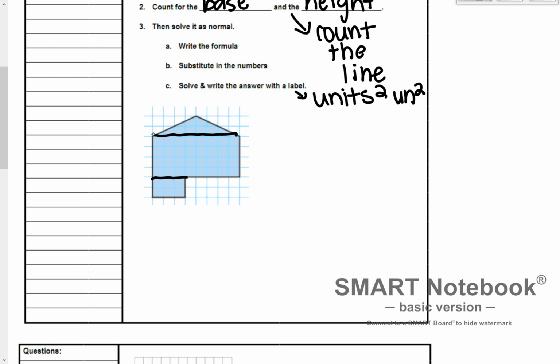Okay, so let's start with this triangle, rectangle, rectangle. I should use colors, sorry. Triangle will be purple. So my triangle, base times height divided by 2. My base, I'm going to count how long this line is. Even though this square right here isn't fully covered with the triangle, I'm just counting how many squares long is my base, that line.